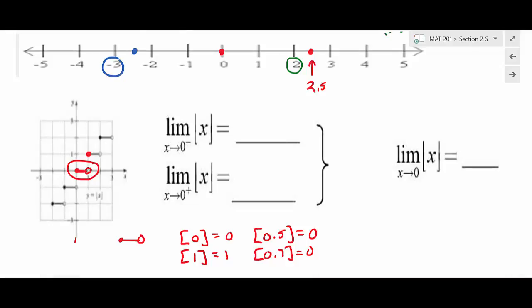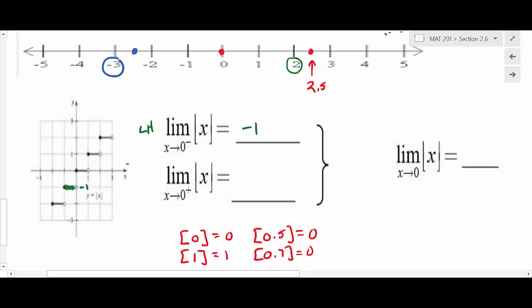Now, looking at the limits on here, the first one is a left-hand limit, as x goes to 0 from the left. That means you're down here. If you close in, that limit is approaching a y value of negative 1.